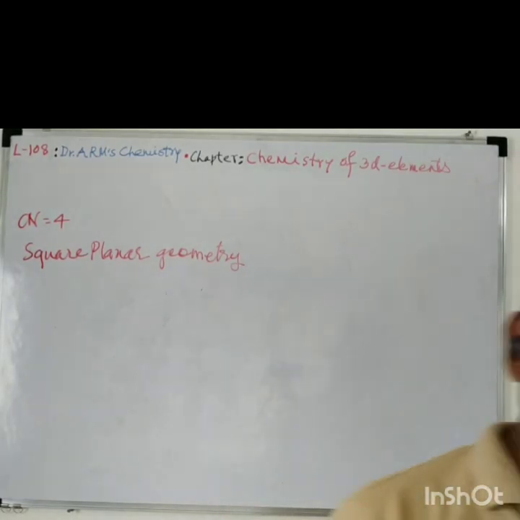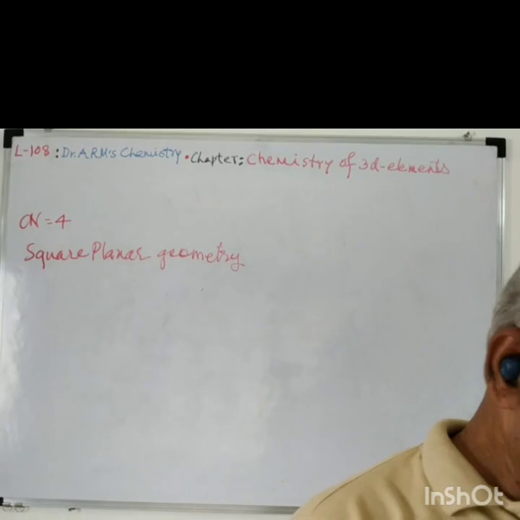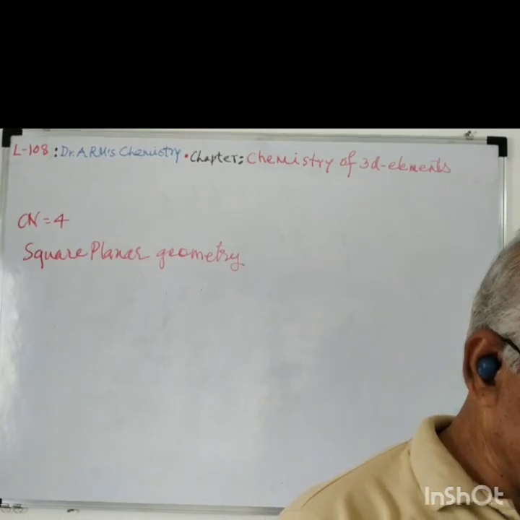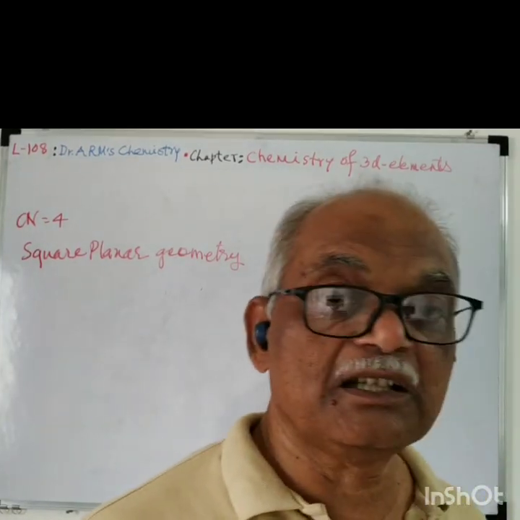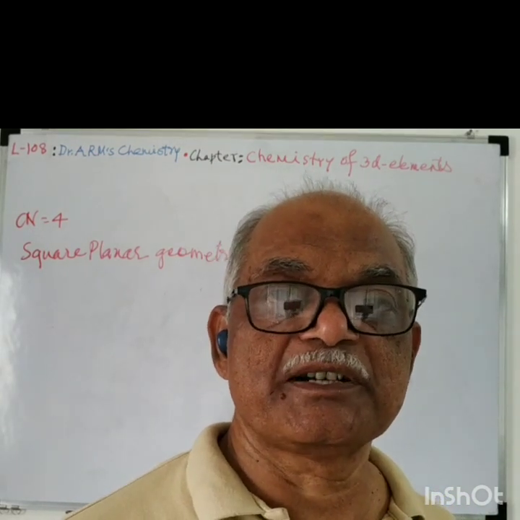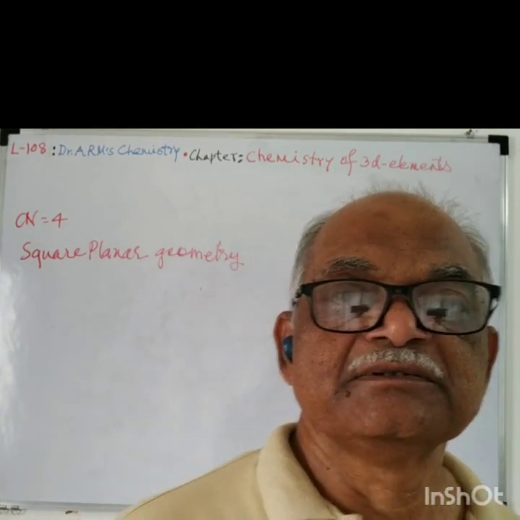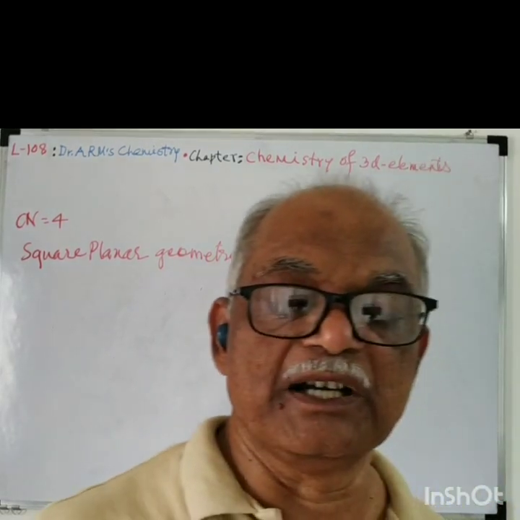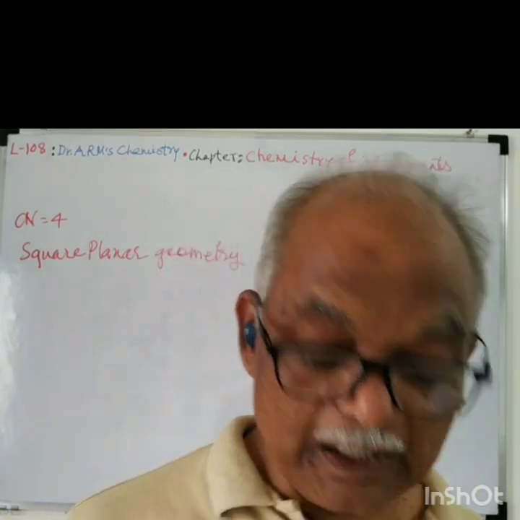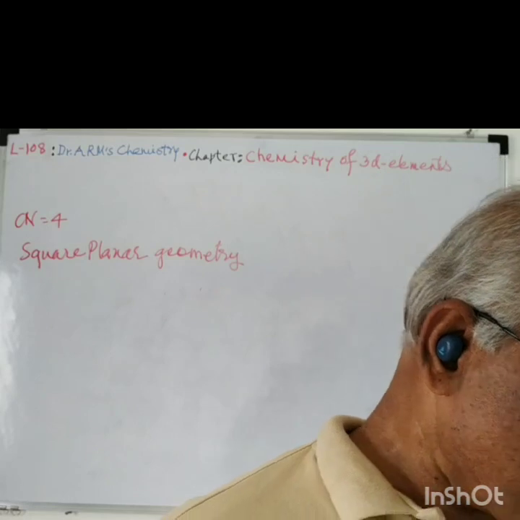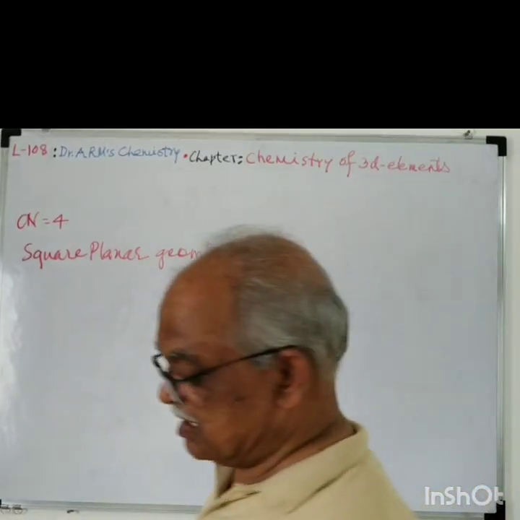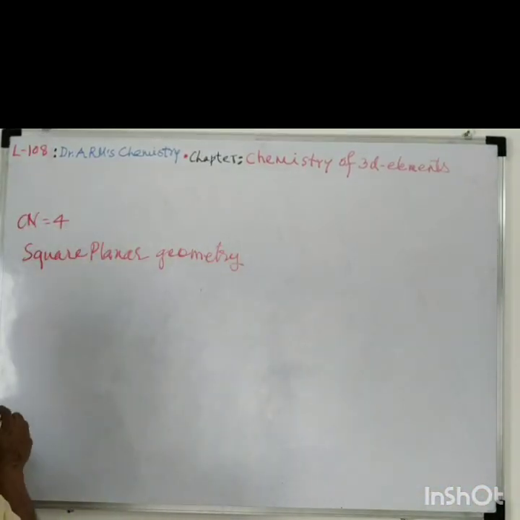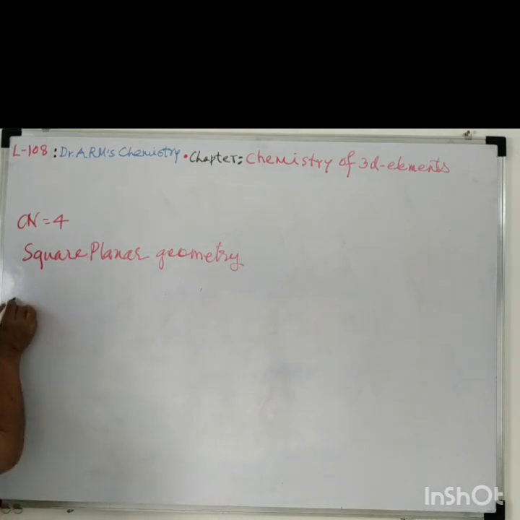So these are mainly associated with d8 configuration, and here the electronic factors are strongly influencing the favor of square planar structures. For example, here d8 configuration is more favorable, or it is favoring the square planar structures.